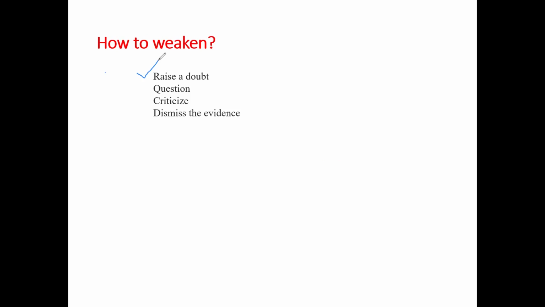How do you weaken? By raising a doubt. What kind of doubt can you raise? Just in general, you can tell me. I said, by simply preparing for 15 days with me, you can score 700. This is an argument I have made. So how do you weaken my argument?